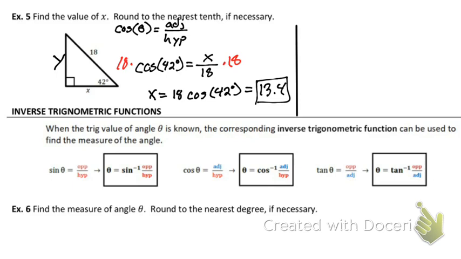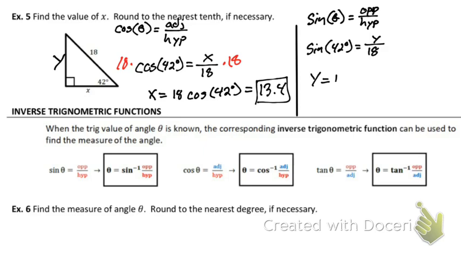All right, to get to y, we're just going to use sine of theta equals opposite over hypotenuse. In this case, sine of 42 degrees equals the opposite, which is y, over 18. So y is just going to equal 18 times sine of 42 degrees.